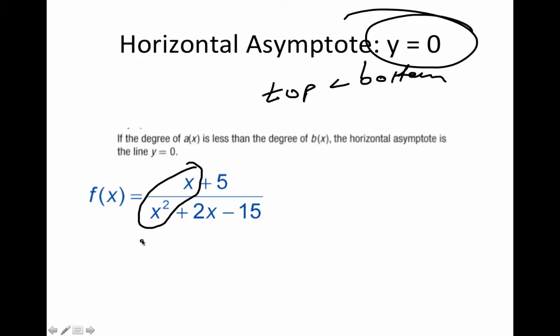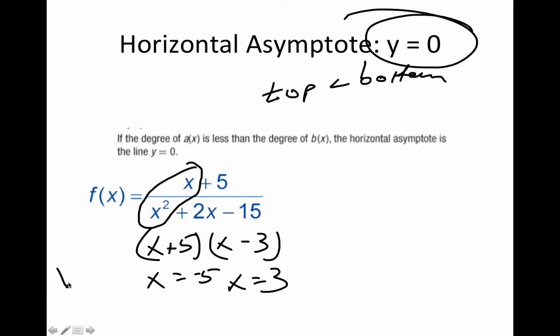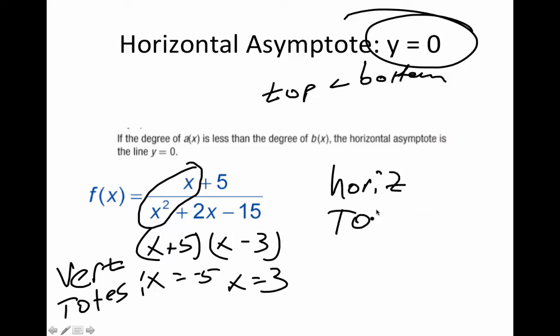So the vertical asymptote here, you would have to factor: plus 5, minus 3, x is negative 5, x is positive 3. That's your vertical asymptotes. Horizontal asymptote, all you're examining is those lead terms, and it's y equals 0.